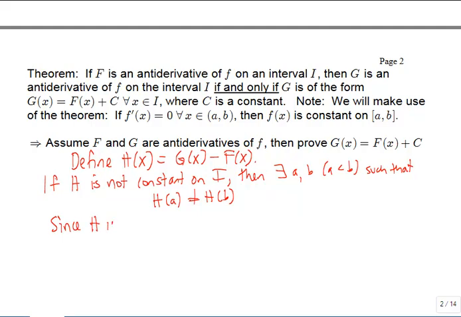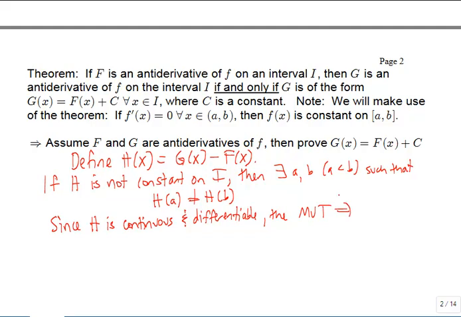Okay? Now, since h is continuous, because F and G are, and differentiable, since F and G are, then the mean value theorem applies. Do you guys remember what that says?